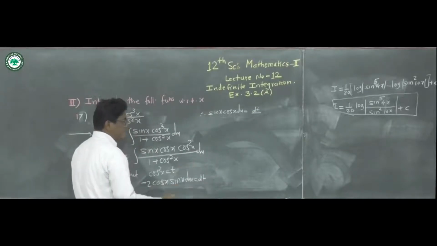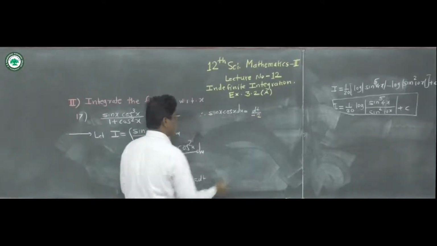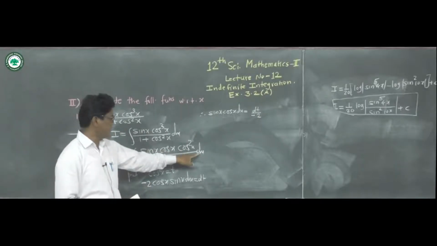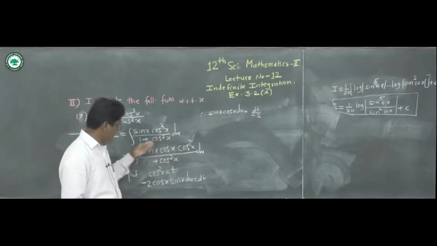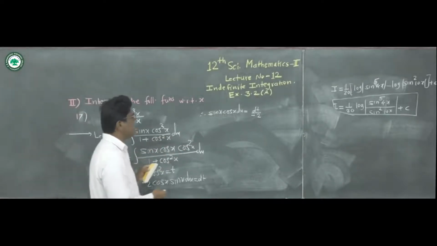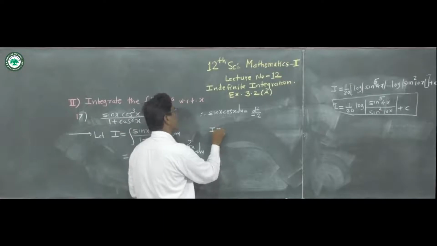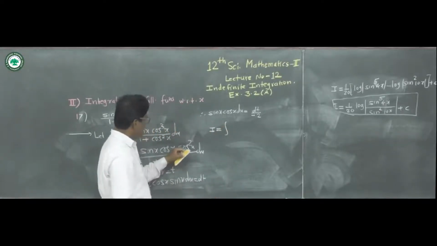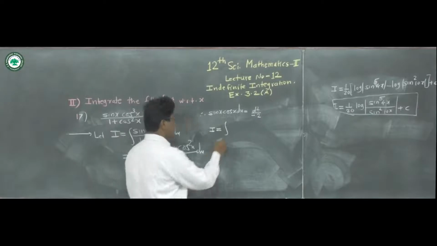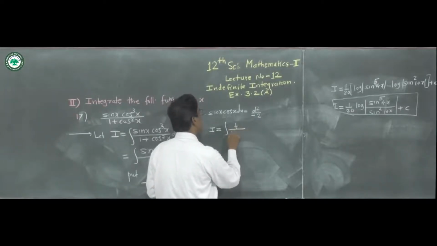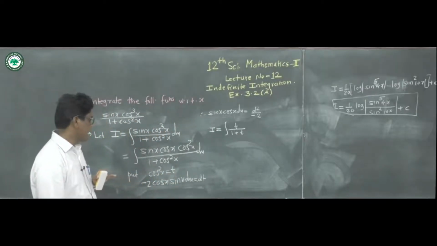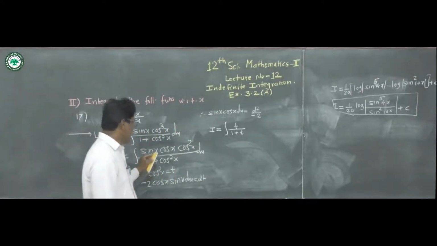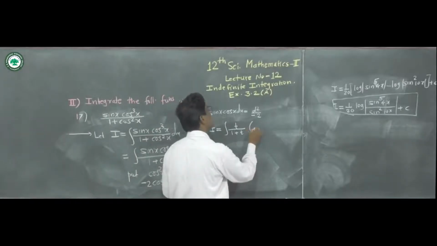We carry this minus 2, so upon minus 2, and here sin x cos x dx is present, so we replace that by dt upon minus 2, and cos square x by t. So required integral I becomes integration of, we put cos square x as t, so t upon 1 plus t, and sin x cos x dx as dt upon minus 2.